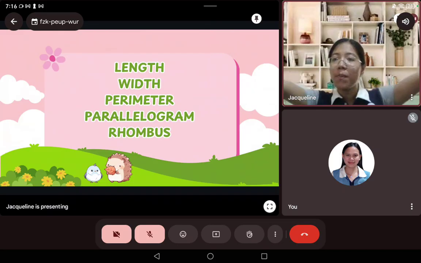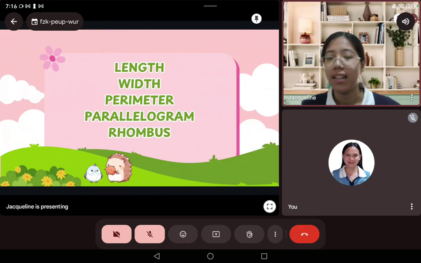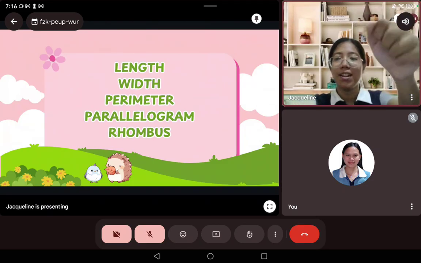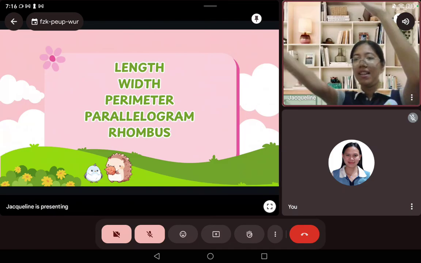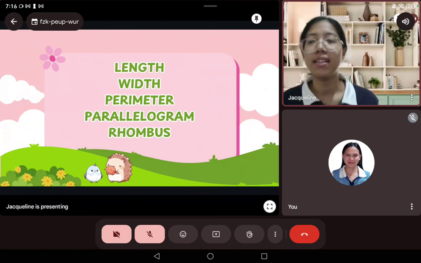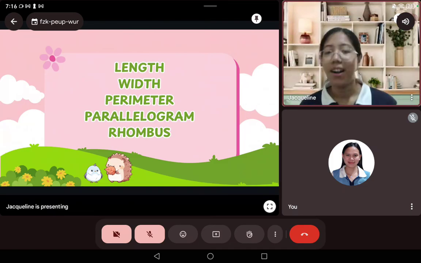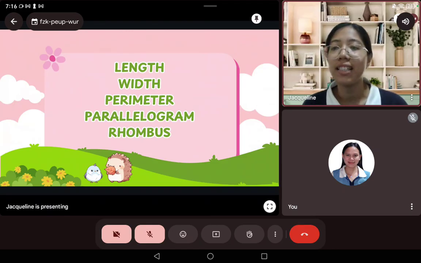And for width, you need to open your arms wide. Do you understand, class? For the perimeter, you need to forward your arms. For the parallelogram, you do like this, okay? And for the rhombus, it is like this one. Alright, very good. So now let's start, class.